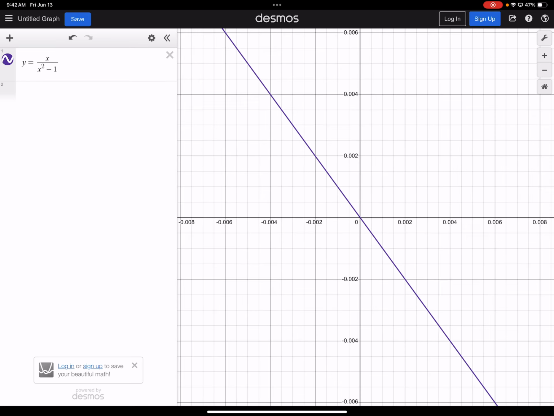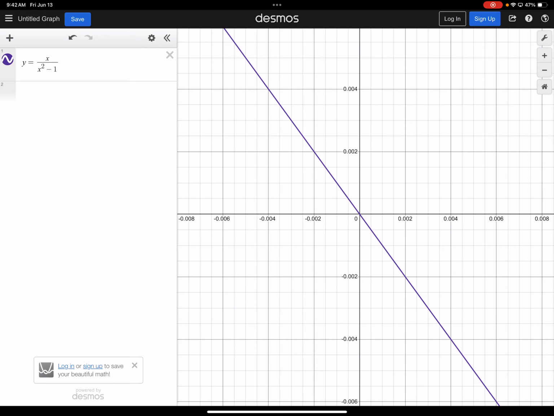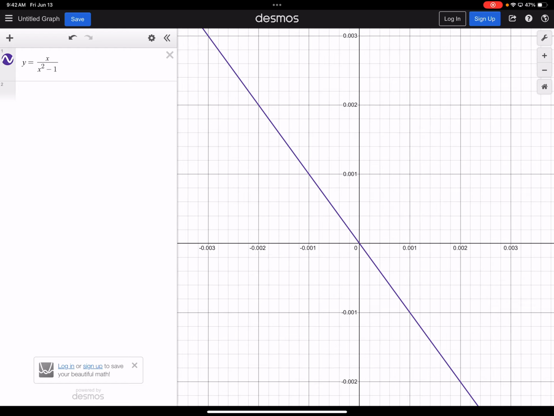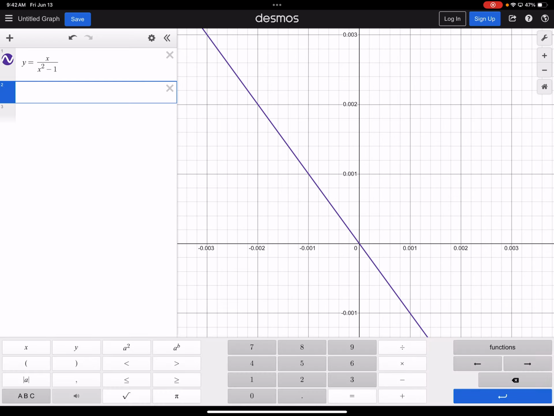It's what we call locally linear at 0, versus if we were looking at x cubed or something that did pass more of an S shape, it would flatten out to where it would almost look more like a horizontal line if you were to zoom in really close. So that's the difference. If we zoom in, it does pass through as a straight line. There's some curvature between the vertical asymptotes, but it's not as S-shaped as, let me see if I were to put in.